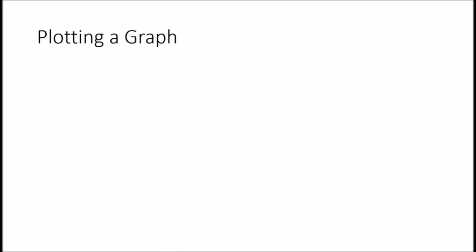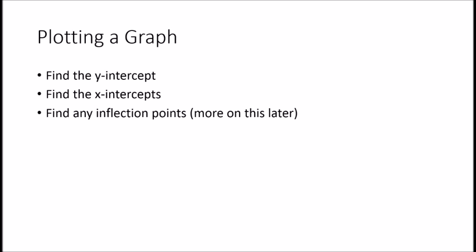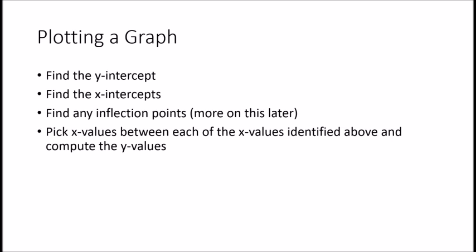When you think about actually having to create a graph, so not just identify the graph of a particular function, but to actually create the graph, there are a few things you always want to do. You should start off by setting x equal to 0, finding the y-intercept, set y equal to 0, find the x-intercept, find any inflection points, and we'll talk about that more later in this class, and identify for the form of the graph any of those points like 0, 1, or 1, 0 that all of the graphs should pass through.